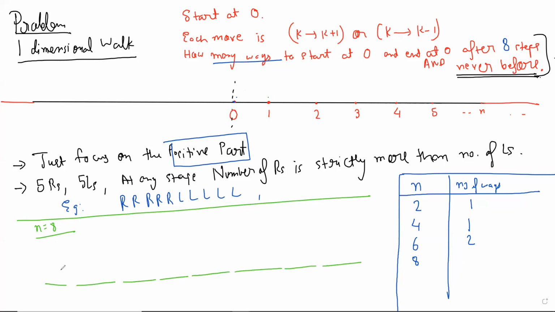Now the first move has to be a right. Right? The second move has to also be right. Perfect. What about the last move? L. And what about the second last move?